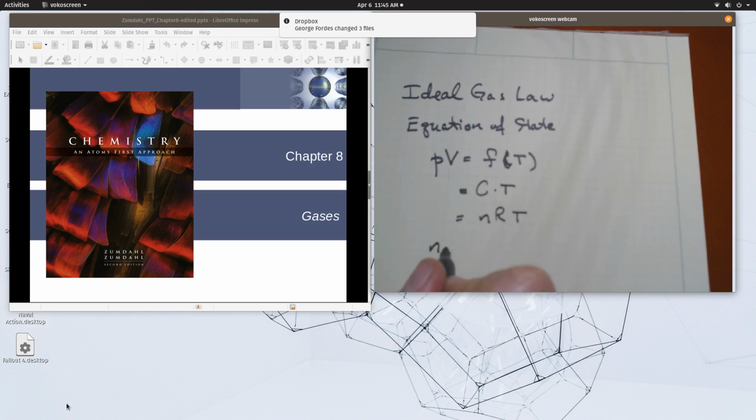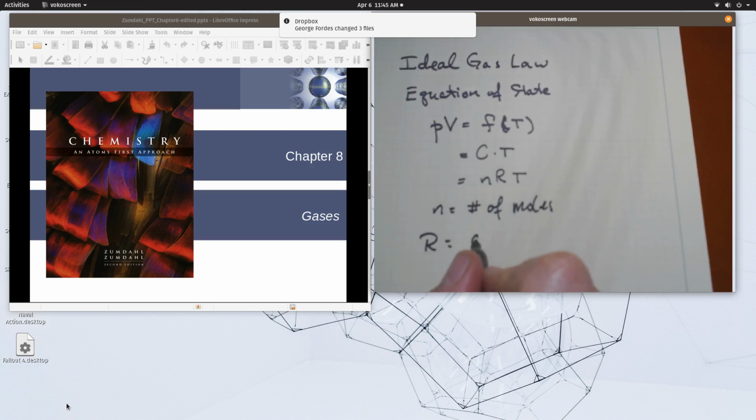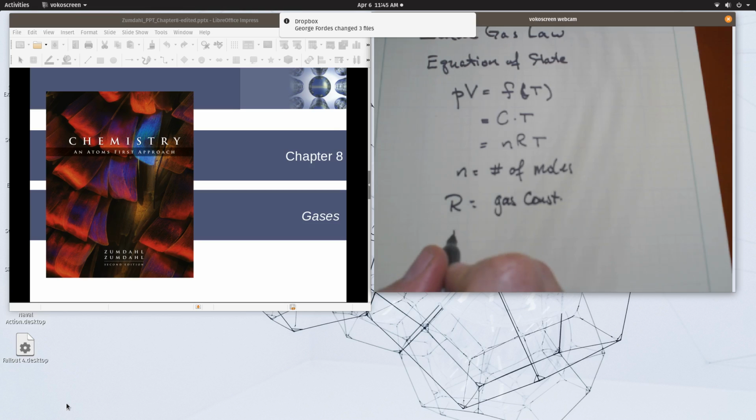So n is the number of moles, R is the universal gas constant, which I'll introduce later, and T is the temperature in Kelvin.